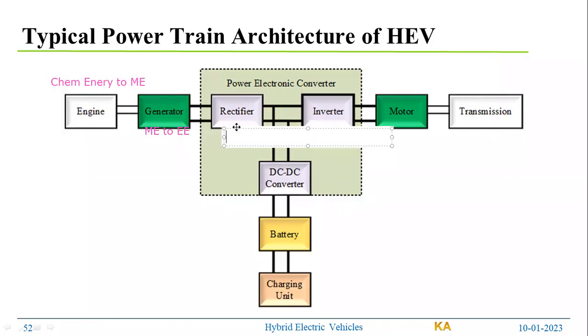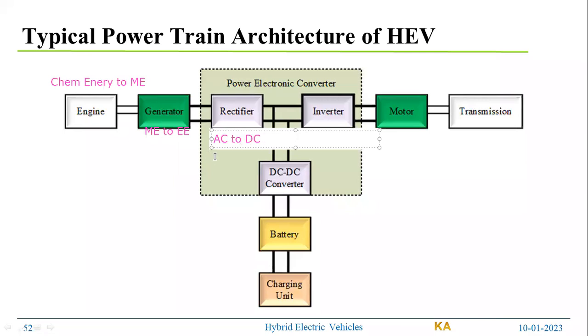And here it is already electrical energy, so why is a rectifier required? The rectifier is required because the generator produces energy in AC, but my motor requires some control. So I need an inverter to control it. For an inverter, the input is DC. So I need to convert this AC power into a constant DC, direct current.